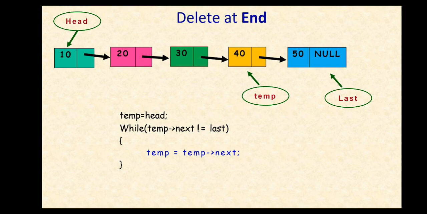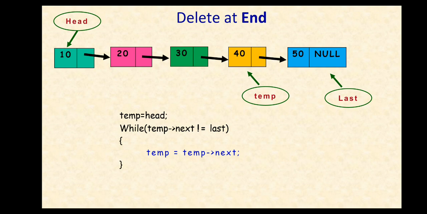Now what is temp next? Temp next holds the address of the last node only, so temp next is equal to last. That means the condition fails. Once I encounter the failure condition, I come out of the loop. Now I wait at the last but one node. Now how to make this logic?